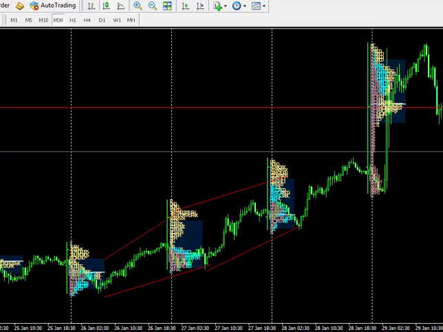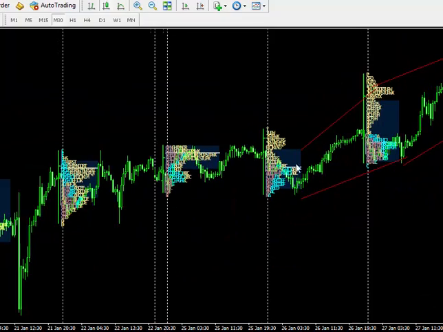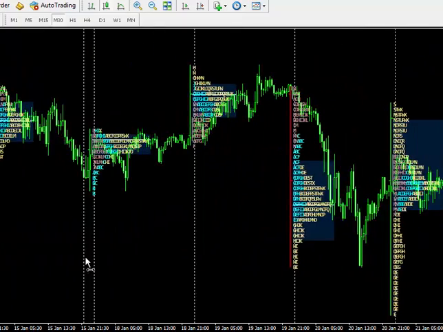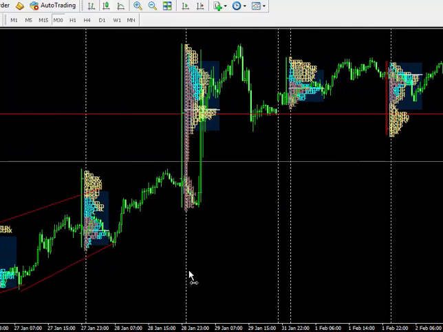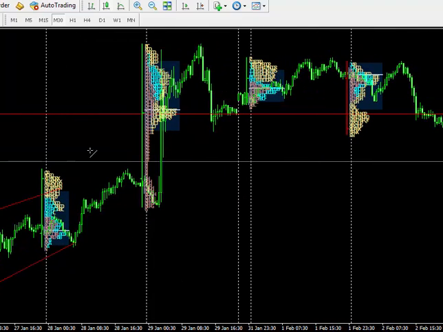And if you see that value areas of 2 or 3 consecutive days don't overlap, it might be a sign of a young or emerging trend. When you combine this observation with your technical analysis, you may confirm your hypothesis. For example, here we see that value areas of 2 days, January 28th and January 29th, don't overlap.